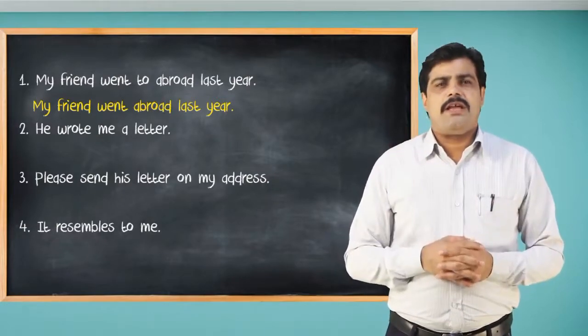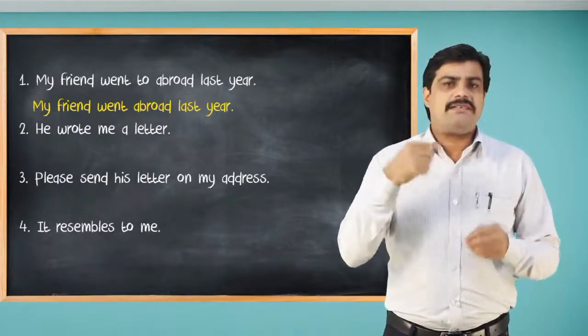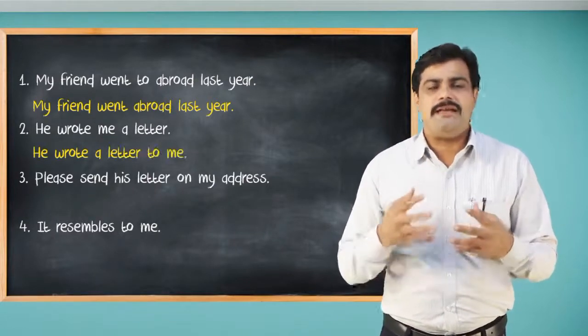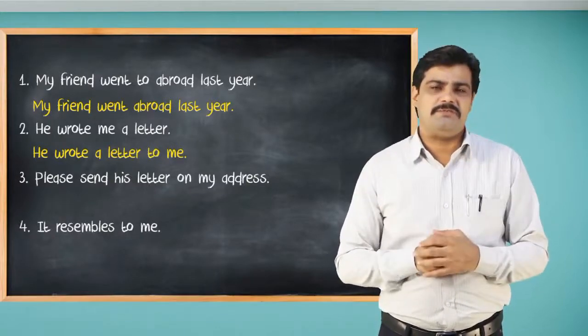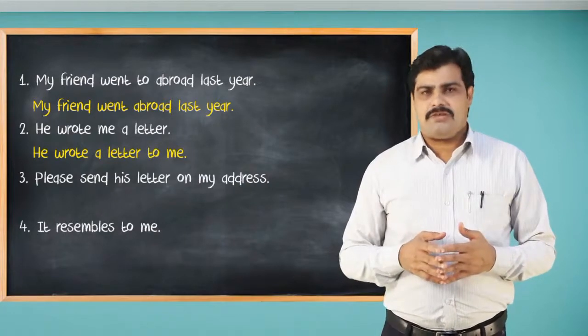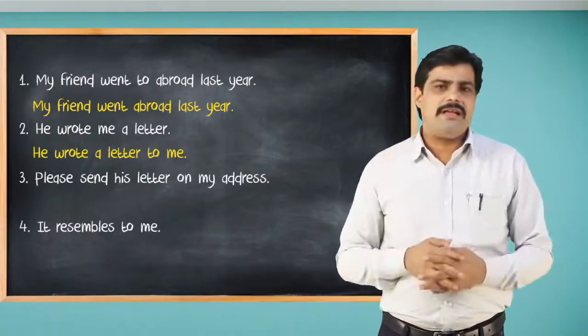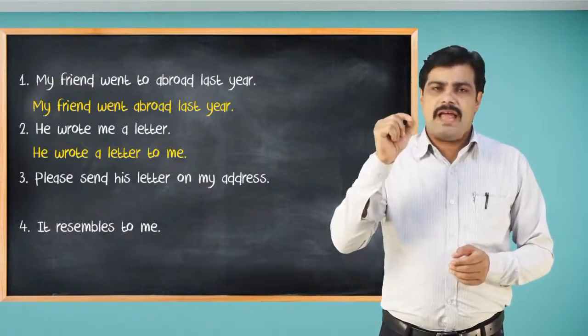Second sentence, he wrote me a letter. Use "to" and say he wrote a letter to me is the right sentence. Use of a preposition is a must here. Please send this letter on my address. We have learnt already that for an address we use the preposition "at".